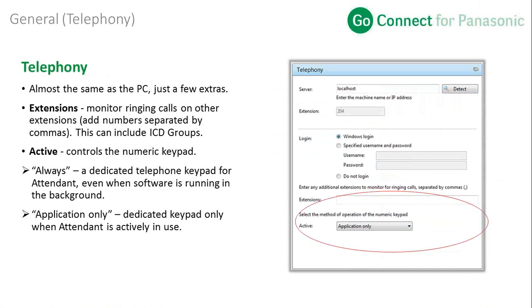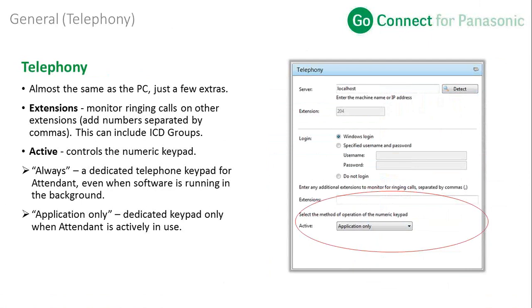We also have an active drop-down, which has the ability to control the numeric keypad. So that's either going to be the keypad to the left or the right of a standard extended keyboard for a PC, or if maybe you've bought a USB keyboard or USB keypad for your laptop.